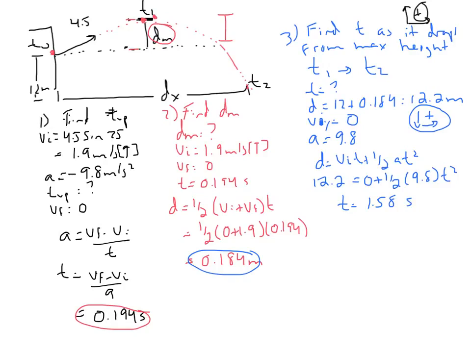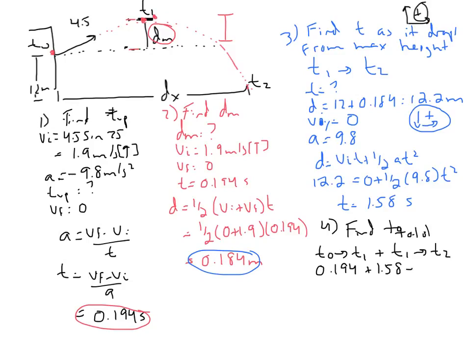So now the fourth step, we are going to find t total. In other words, we're going to find t0 to t1 plus t1 to t2. That's not too difficult. This is 0.194. We just found 1.58, and that gives us 1.77 seconds. Now, finally, we can solve that back into our original equation.